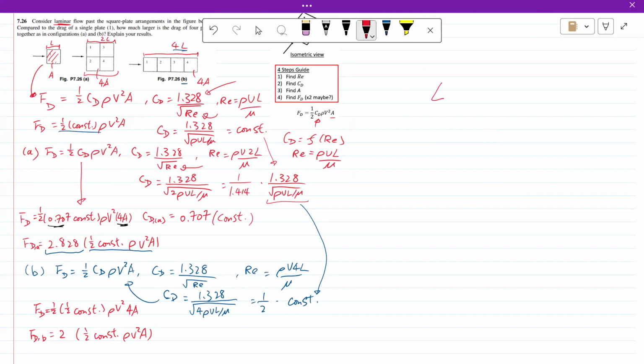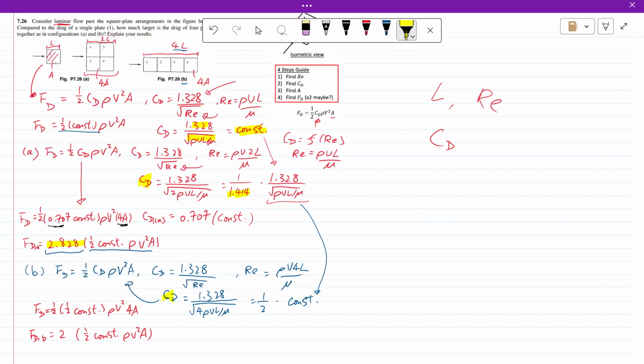So the length changes, so we have to update the Reynolds number to update our drag coefficient. We don't have the values to calculate the majority of this, so we have to basically keep it as constant, right?